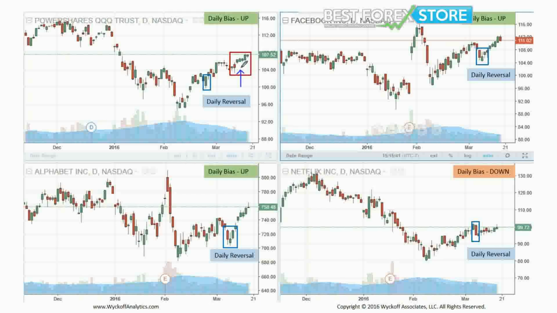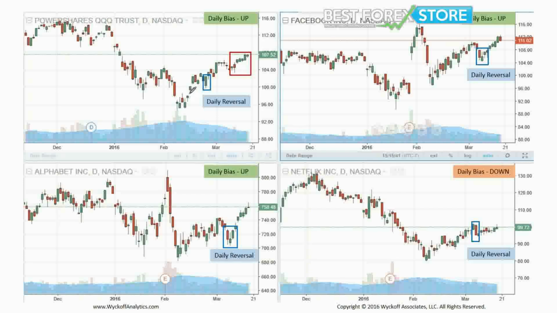So we're going to look at 4 or 5 days. And I want to define the daily bias right away. What's the majority of the intraday trades that I'm going to take? Are they going to be to the upside, or are they going to be to the downside?